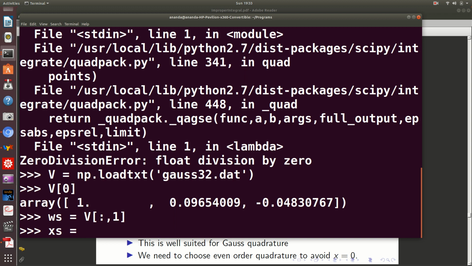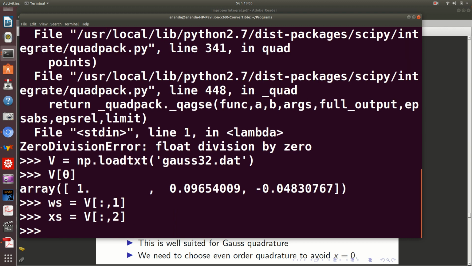The nodes, that was the weights, nodes can be picked by exactly the same method. There is a 2th column here. So, I now have the nodes and weights ready, and what I need to do is simply calculate this sum.